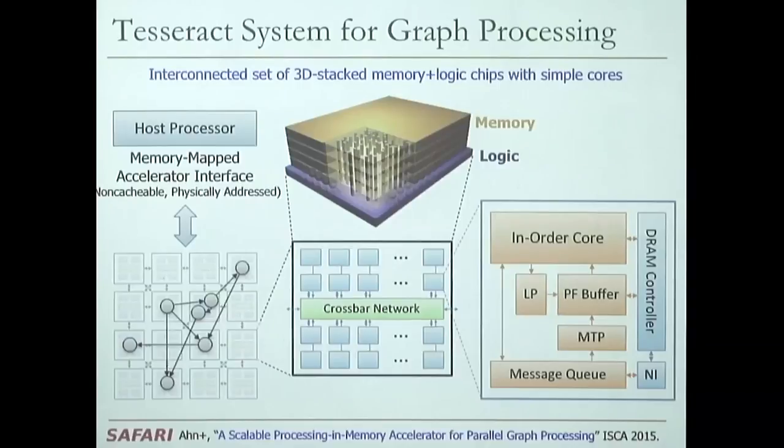And each vault consists of a DRAM controller that controls the stack on top of it. But if you want to do processing, you want to add some logic over there. So in this work, we basically added some in-order cores. In each vault, you have an in-order core. And these in-order cores can communicate with other in-order cores that are in different vaults. Make sense? That's the idea, basically. It sounds cool, right? Now we can actually have cores.